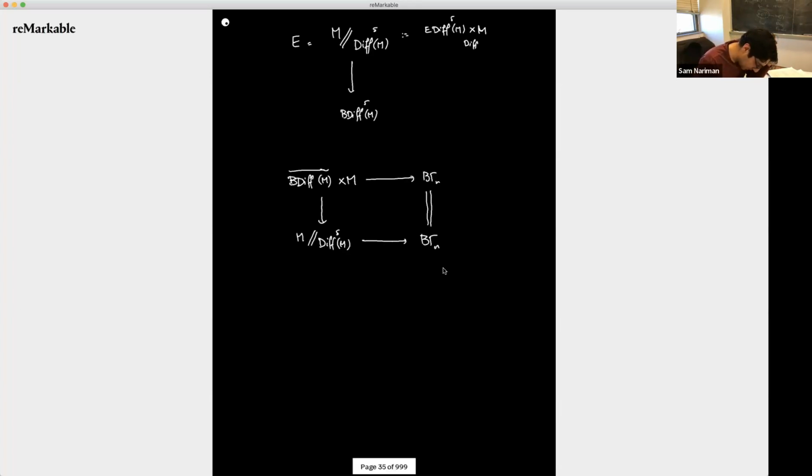So what I do is note that if you have a manifold, say this is your manifold, and maybe this is an open set U, some disk at the end.